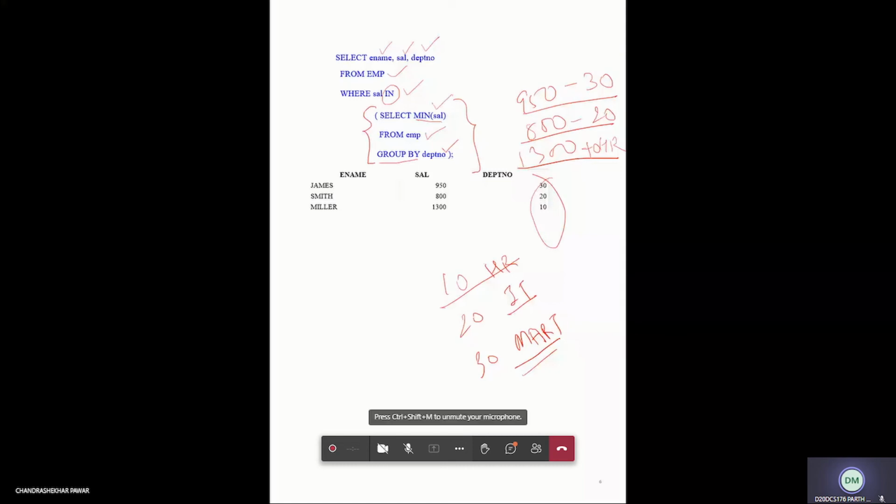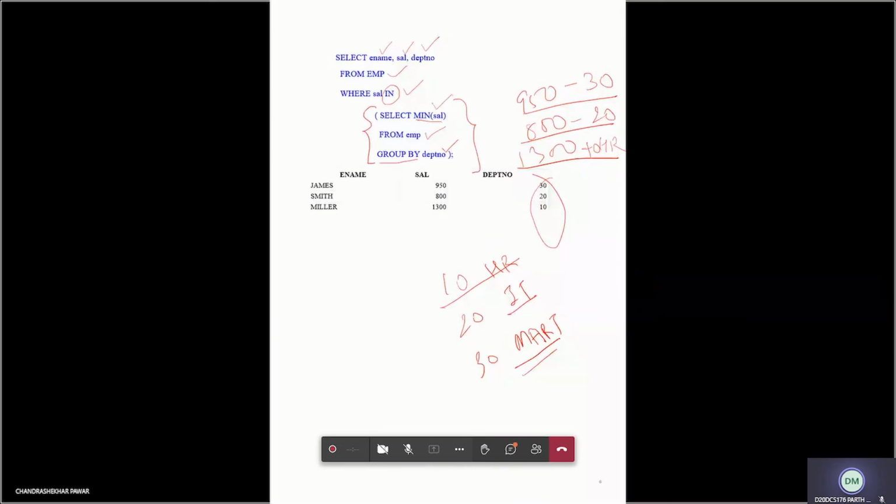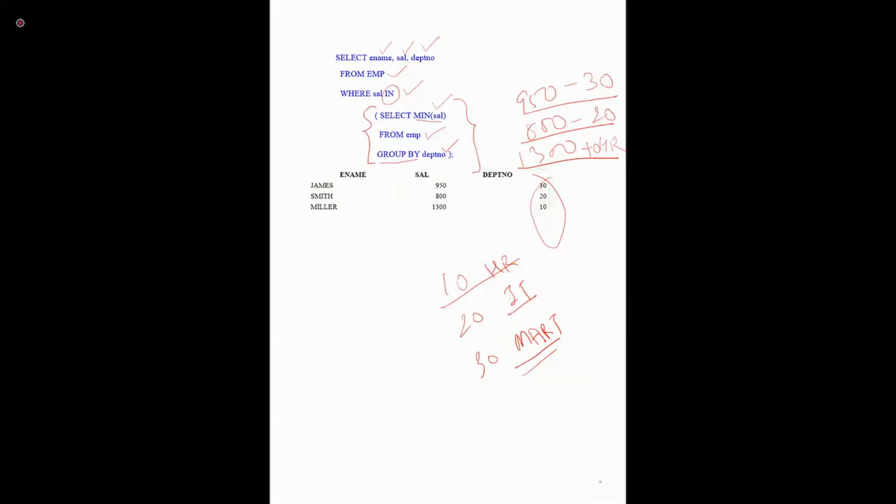With these keywords we can use a comparison operator also, but for multi-row queries only. For the single row we just use the comparison operator. Clear? So please try to remember this. That's why we are considering these different scenarios of subquery. Okay.